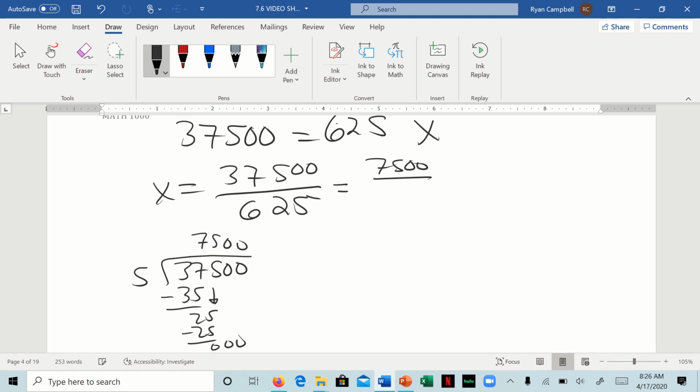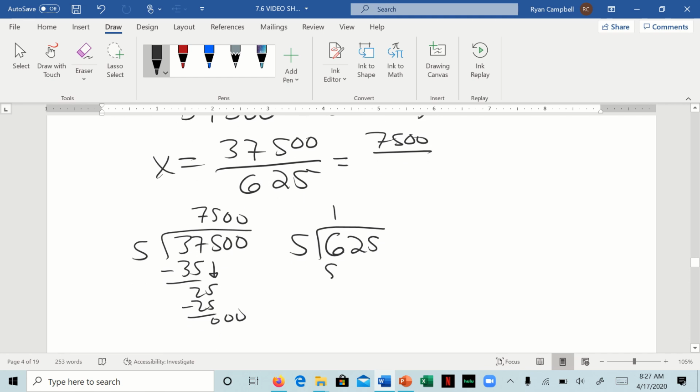Then 625 divided by 5: 5 goes into 6 one time. Bring down the 2. 5 goes into 12 two times, which is 10. Bring down the 5, and that would be 5.